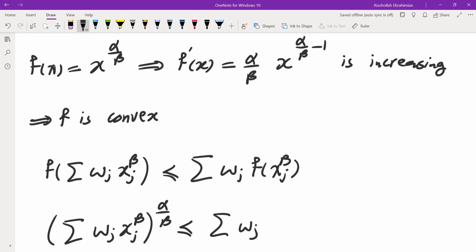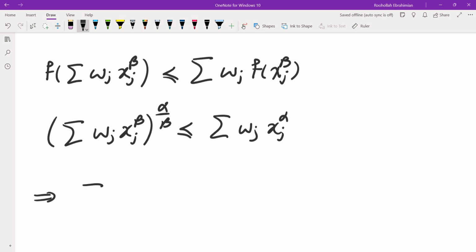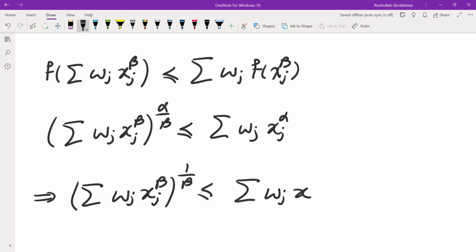If you substitute x by xj^beta, you will get xj^alpha. So this gives us (sum of wj xj^beta)^(1/beta) is less than or equal to (sum of wj xj^alpha)^(1/alpha). And that's exactly what we wanted.